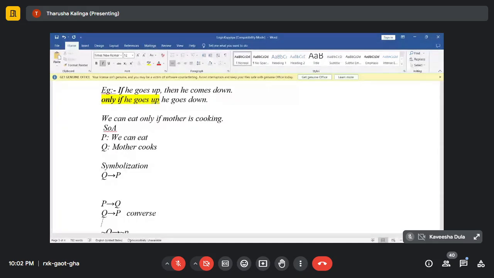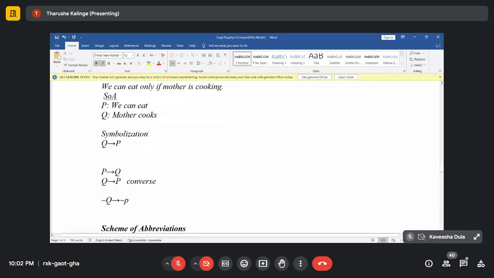two parts. Okay, wait. Give me a second. Okay. Here, this is the P implies Q statement.